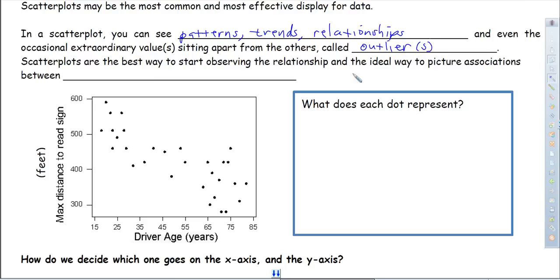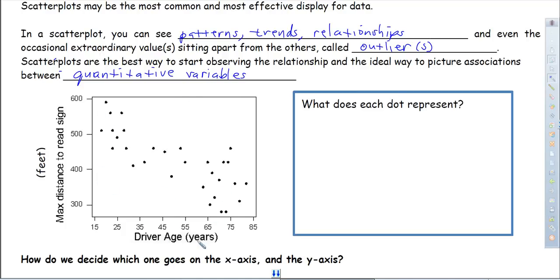Scatter plots are one of the best ways to start observing the relationship, and the ideal way to picture associations between, well, these are still what? Quantitative values. So we're looking still at quantitative variables. So let's look at the scatter plot. Here we have a scatter plot.